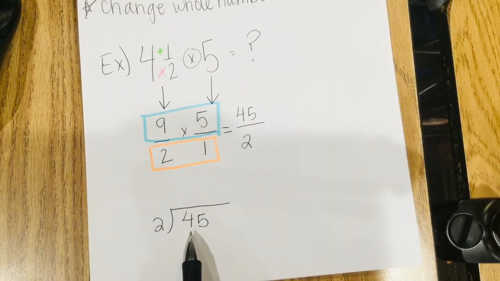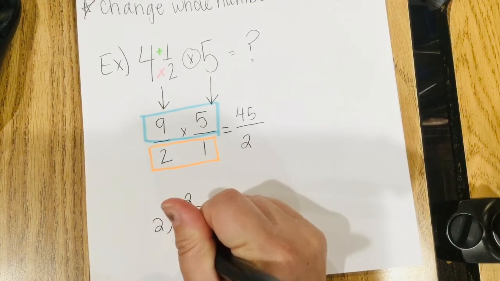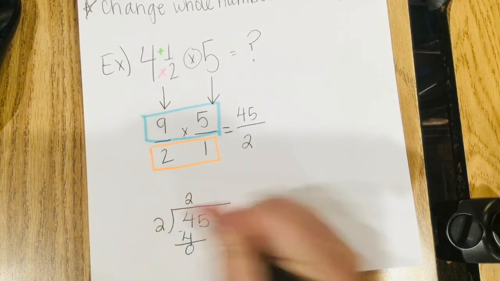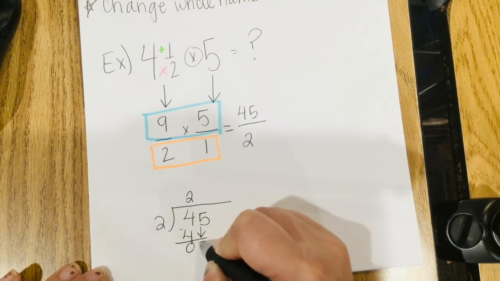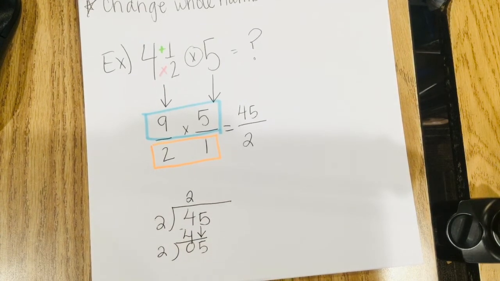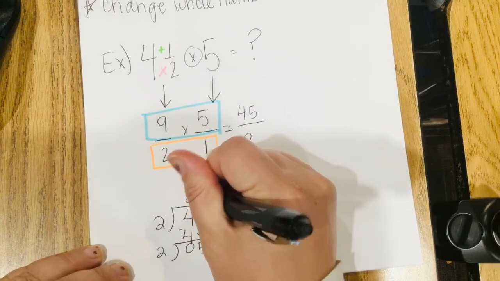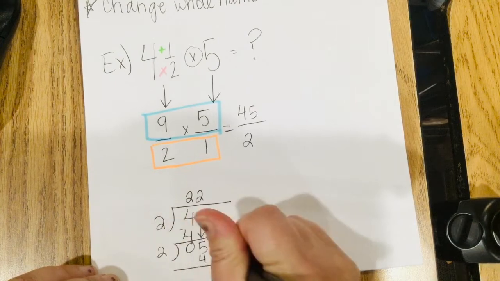So I'm just going to start at the 4. How many times can 2 go into 4? 2 times, easy. 2 times 2 is 4, and I subtract. 0, right? But now I gotta bring down this 5. So how many times can 2 go into 5? 2 times. 2 times 2 is 4.